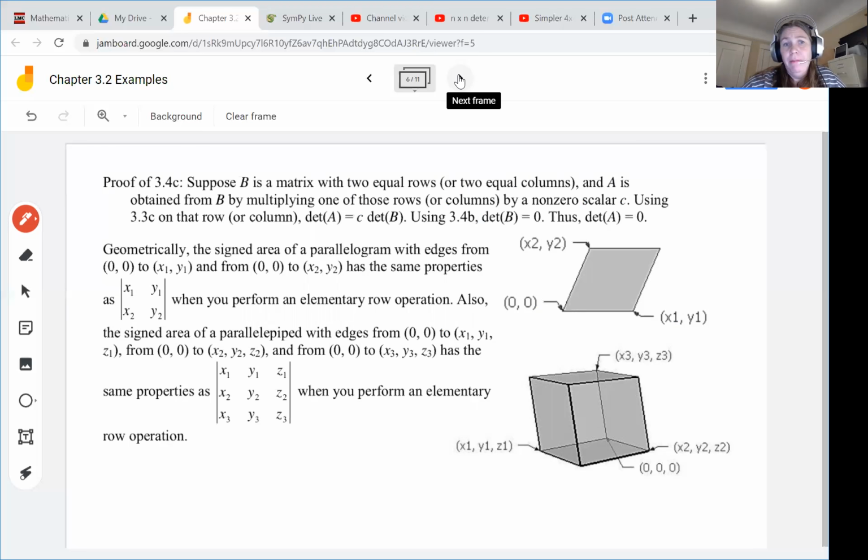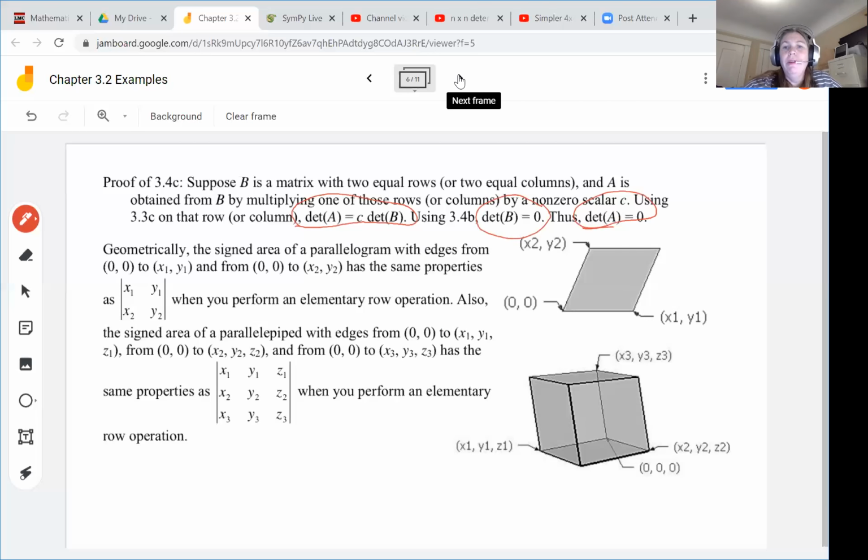So suppose B is a matrix with two equal rows or two equal columns, and A is obtained from B by multiplying one of the rows or columns by some non-zero scalar C. Using 3.3c, the determinant of A equals C times the determinant of B. And then using 3.4b, if you've got two equal rows or columns, you're going to get a determinant that's 0. So the determinant of B is 0, then C times 0 is just 0. So the determinant of A is 0.